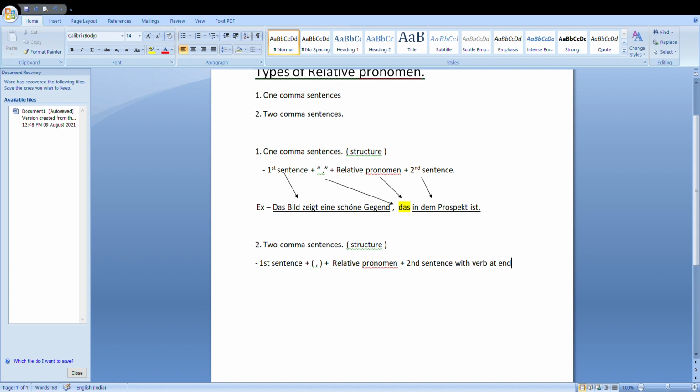Remember this. Here also the verb at the end. Okay, so this is very important.